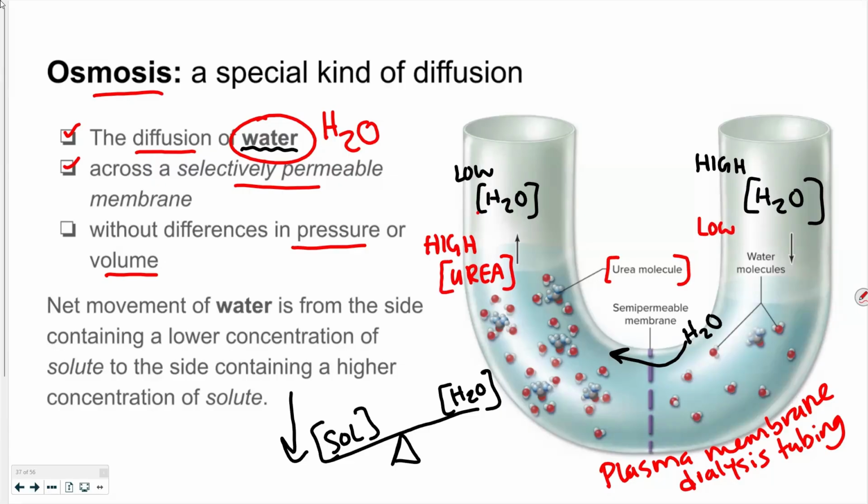If we have a high concentration of water, that means our solute concentration is going to be low. Now, in this case, our urea cannot pass through our semi-permeable membrane. It tries to get through there and it gets boinged off.